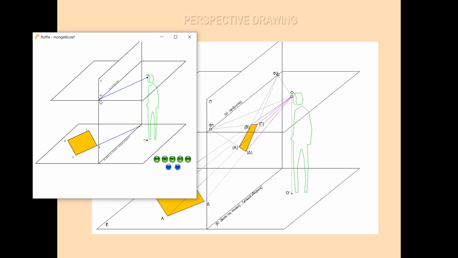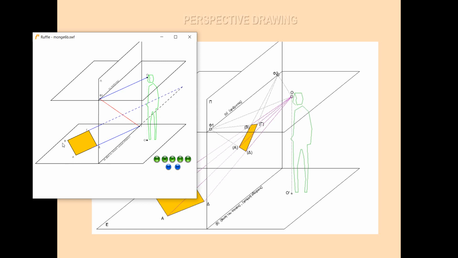Point Phi1 is called vanishing point. If we join phi1 with 1, we have the perspective image of this line.